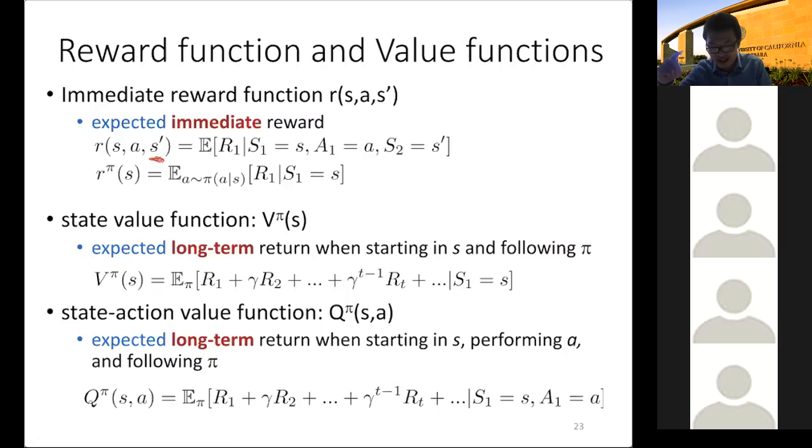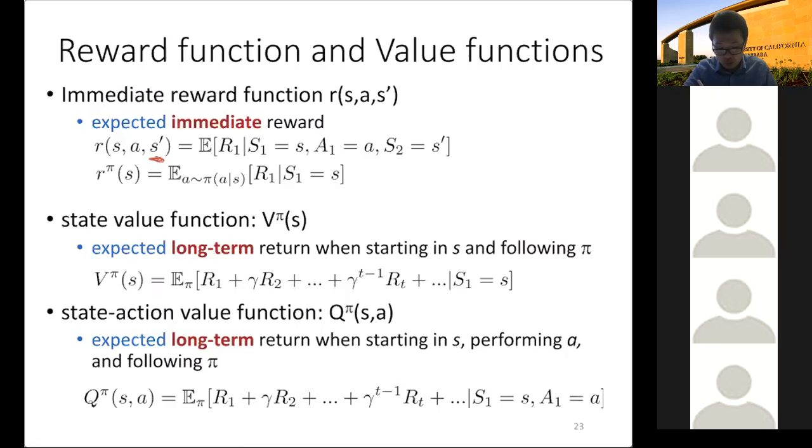But for the purpose of this course, we can just ignore this dependence on S prime and only consider the expected reward to be a function of S and A. So it doesn't make much of a difference. Maybe I'll add a homework question to clarify this point.